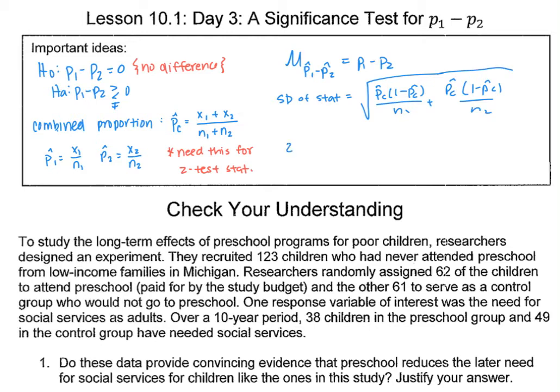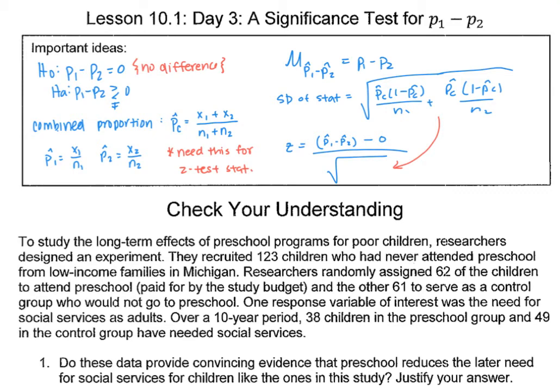And our test statistic is p hat 1 minus p hat 2 minus 0, because that's your null hypothesis, over that square root that we just wrote.